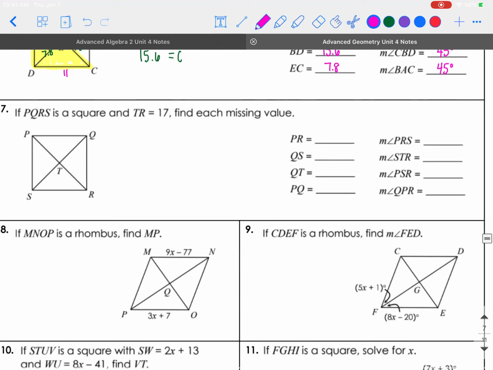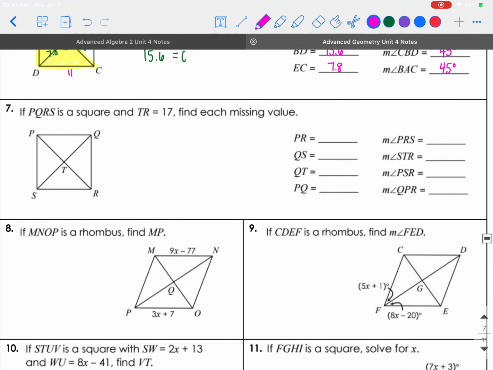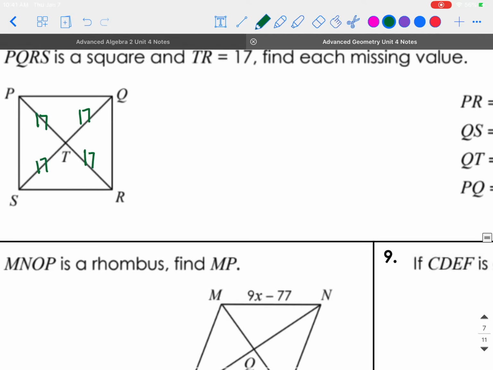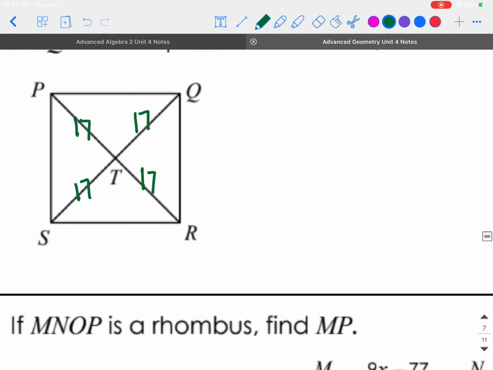Moving on to number 7. TR is 17, which means that all of these are 17. So in order to find the side of the triangle, I'm going to have to do, guess what?